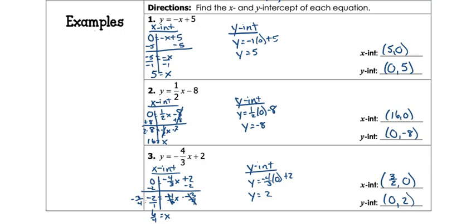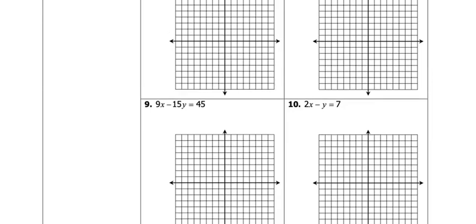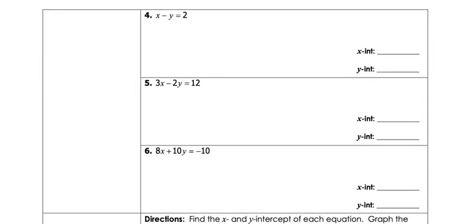So let's go ahead and flip the page. And we have 4, 5, and 6. I want you to go ahead and pause and see if you can find 4, 5, and 6. Remember, you are going to put 0 in for y when you want x, and 0 in for x when you want y. So you're going to flip-flop back and forth and find your y-intercepts and x-intercepts.